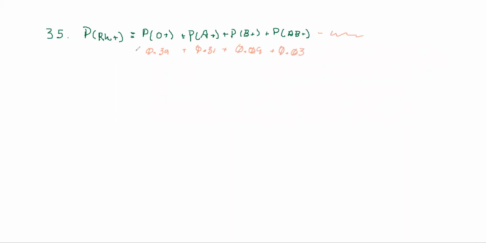I add all of this together and I get the probability of a person I pick off the street being RH positive as 0.82, or 82%. All right, so that was 35.